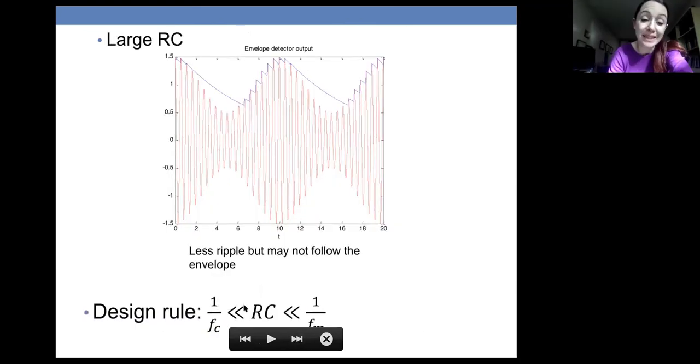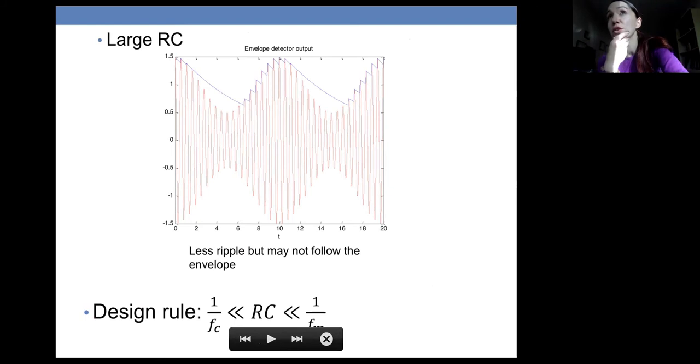Think about the following. 1 over the time constant, essentially the frequency of this ripple, must be larger than the bandwidth of the message, but should be smaller than the bandwidth of the carrier.